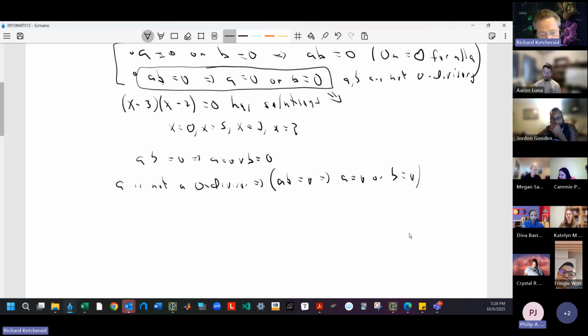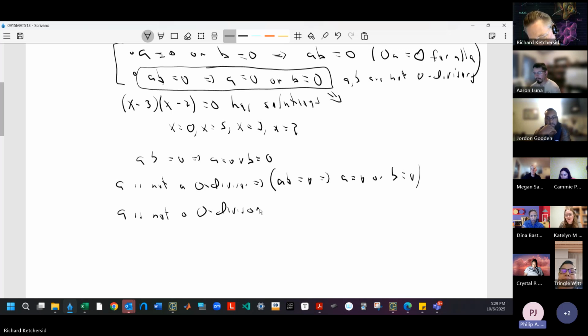So if A is itself not a zero divisor, then the only way I can make a product with A that gives me 0 is if one or the other is 0, right? And another thing that says is that if A is not a zero divisor and AB equals 0, then B is not a zero divisor.